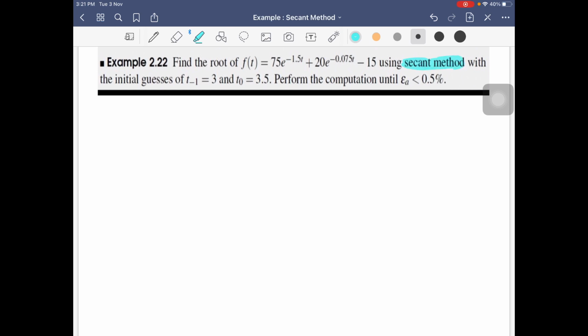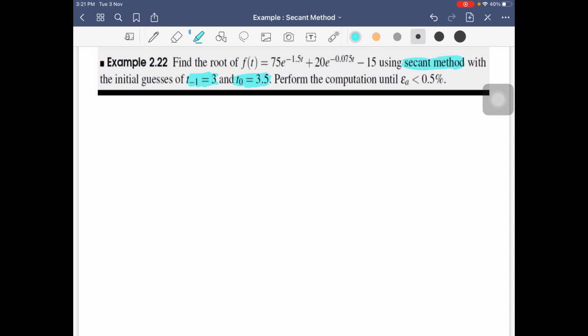With the initial guesses. So this is our initial guesses. In the secant method, the initial guesses do not necessarily bracket your root, which means that you can choose any initial guesses, and the method will calculate.